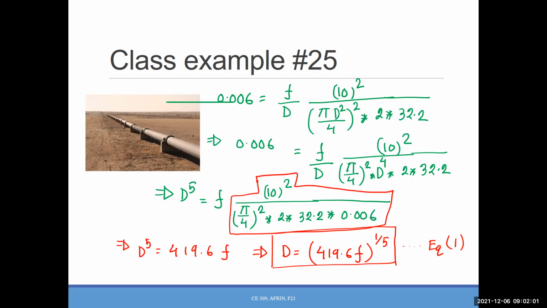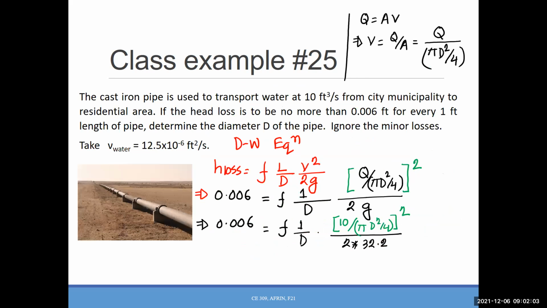Since we started before the weekend, maybe all of you forgot everything about this one. So let's do a very quick review for class example 25. We had a cast iron pipe, which was used to transport water from the city municipality to a certain residential area. We know the demand of that residential area, which was 10 feet cube per second.